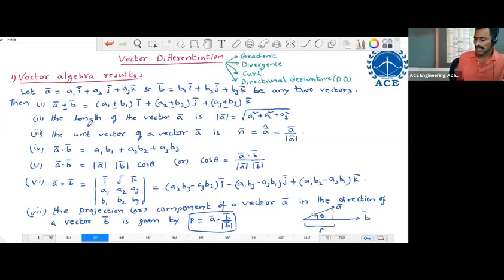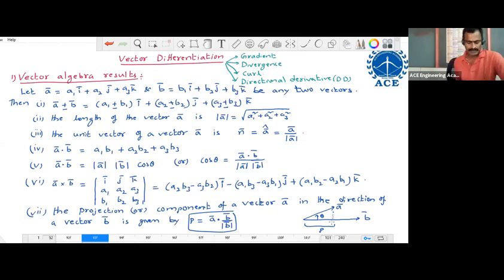The projection of A bar in the direction of B bar, or the component of A bar vector in the direction of B bar, is given by this p equal to A bar dot unit vector. Now these are the required results for our vector calculus only. Like this, many results are there, but we are considering only the required results from vector algebra.